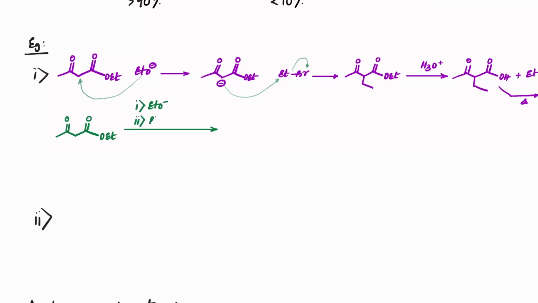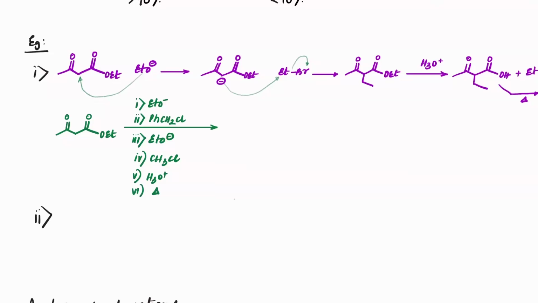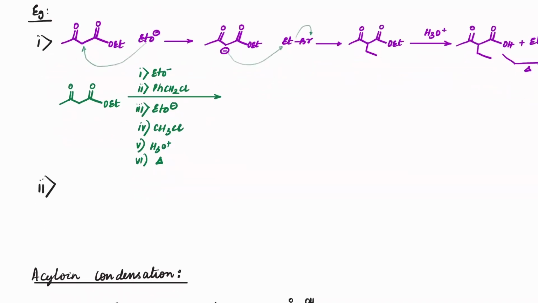Second we have PhCH2Cl. Third we have EtO minus. Fourth we have CH3Cl. Fifth we have hydrolysis. And sixth we have heating. Okay, this is the way the questions would be given.